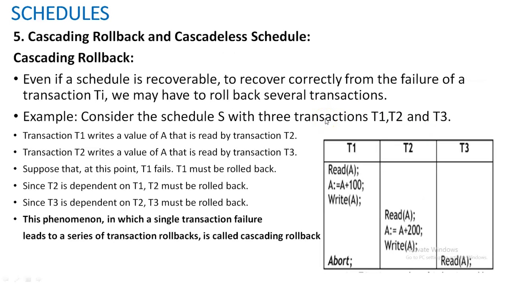The next one, cascading rollback. In this schedule, we have taken three transactions. T1 is going to do an operation. Depending upon T1, T2 is going to start an operation, and depending upon T2, T3 is going to do an operation. As in the non-recoverable schedule, even before T1 commits the operation, T2 has depended upon T1 and started an operation.